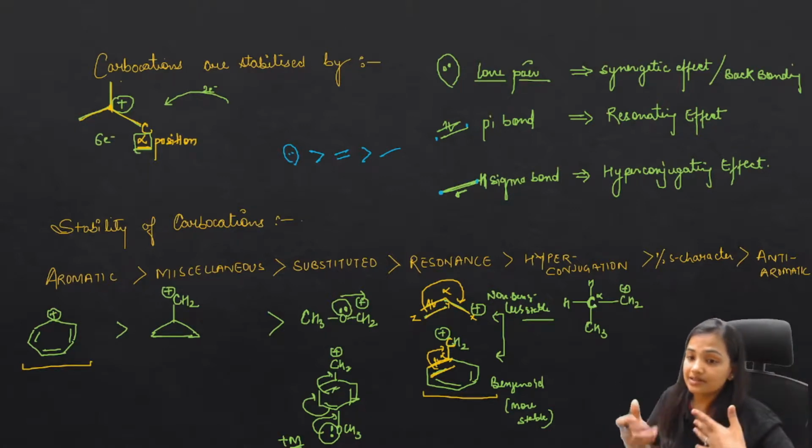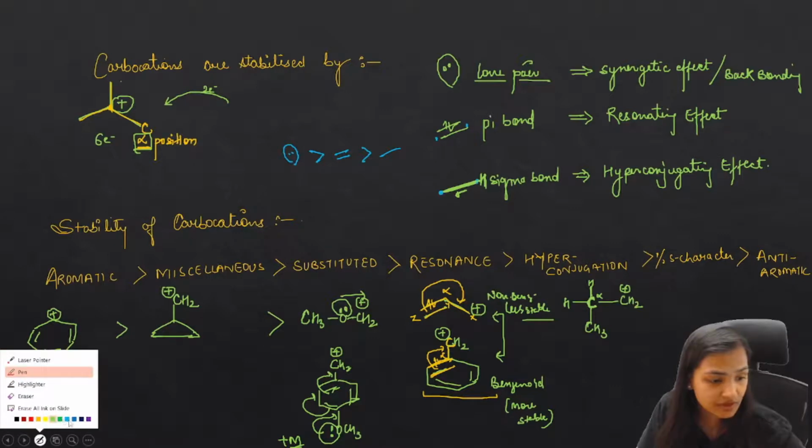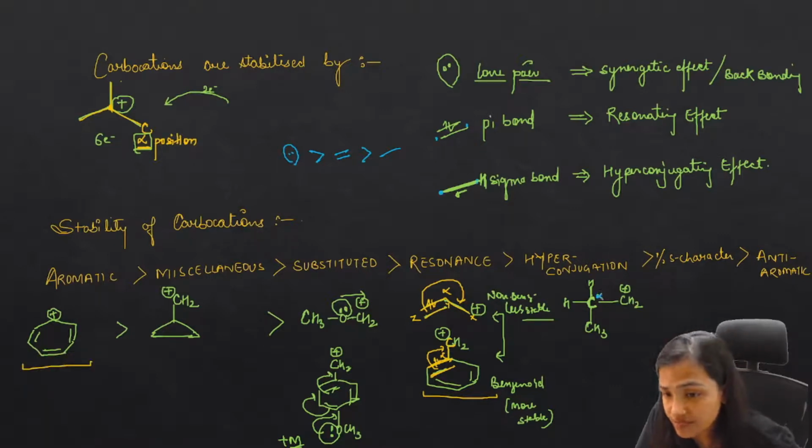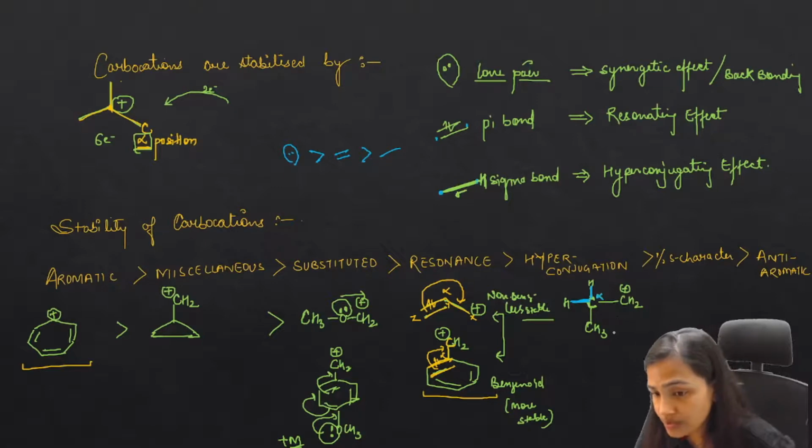So what is there? There is a sigma bonded hydrogen atom. Now how many alpha hydrogens? Look at the alpha position only; no other position will work. Here there are only 2 alpha hydrogens. So these 2 alpha hydrogens will be responsible for stabilizing this carbocation. That is the reason: hyperconjugation.